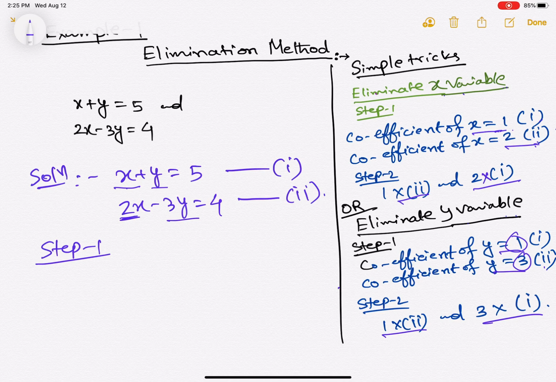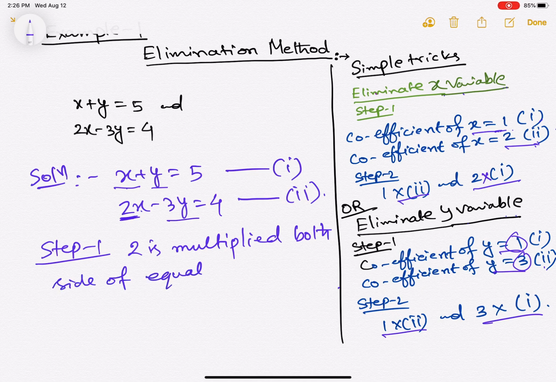So in this problem, first we have to eliminate x from both the equations. So that's why the coefficient 2 of x from equation 2 is multiplied both sides of equation 1. So now we write here, 2 is multiplied both sides of equation 1, and the coefficient of x in equation 1 is 1.